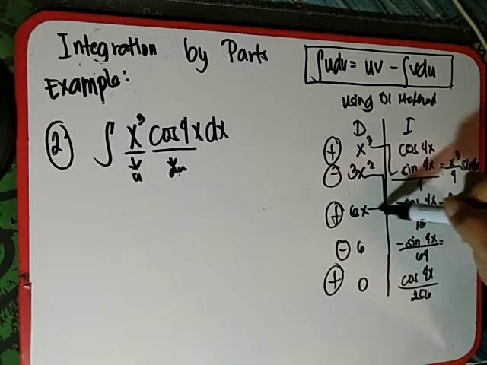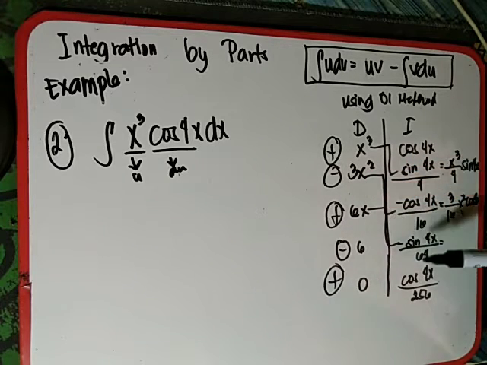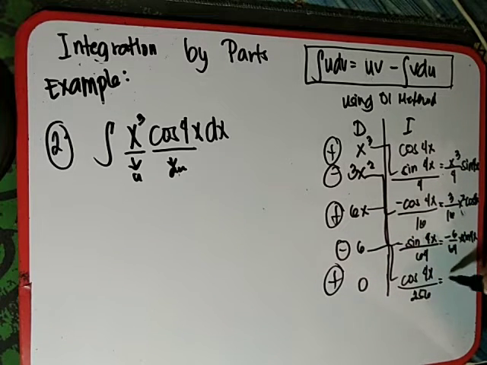Here is the positive and negative, so we have negative 6 over 64 x sine 4x. And the last is negative 6 over 256 cosine 4x.